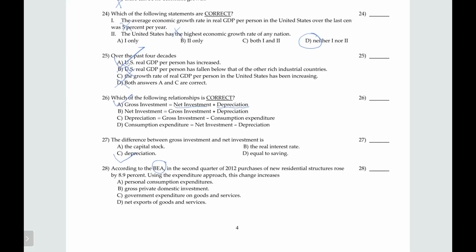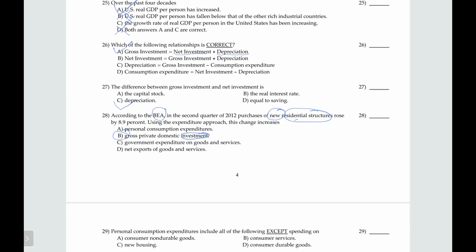Okay, so this is an interesting question. The residential structure is new, so this must be included in GDP. But this residential structure is a durable good, and usually this is characterized as investment. So hence the answer is B. This is going to increase gross private domestic investment. So this is not a consumer expenditure. Okay, so this is investment. This is 28.